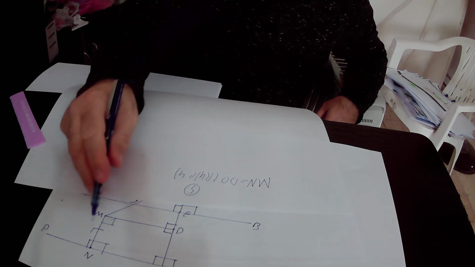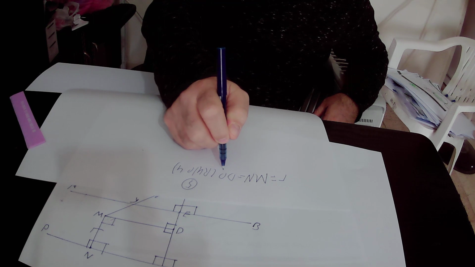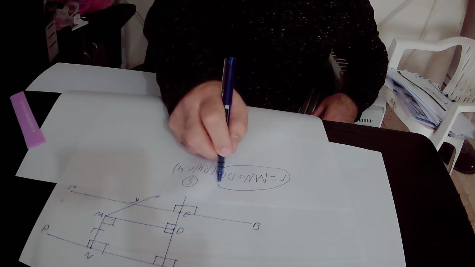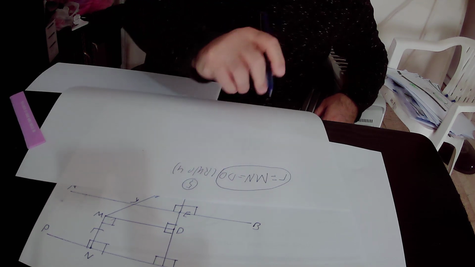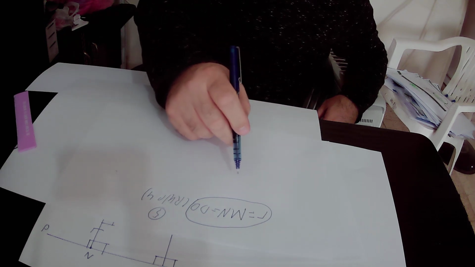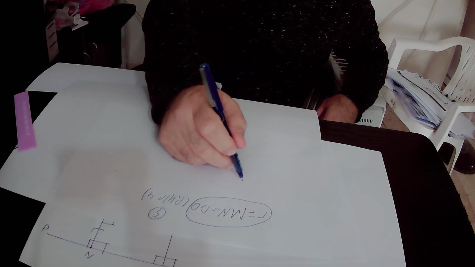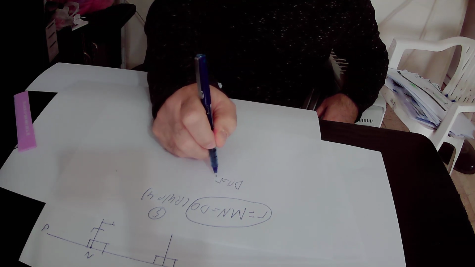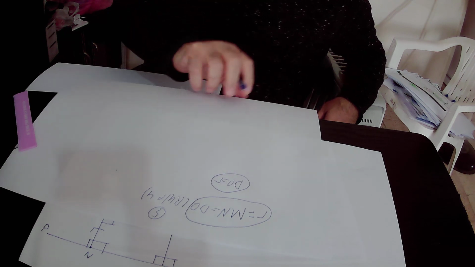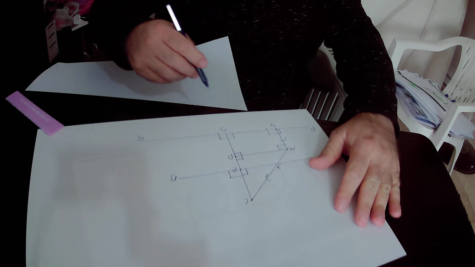And we know that MN equals R. So from this equality, we conclude that DO also equals R. So we can write here that DO equals R.